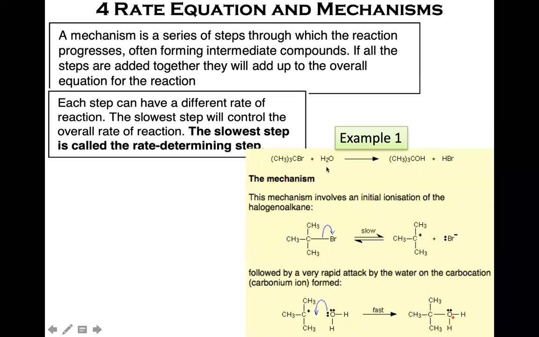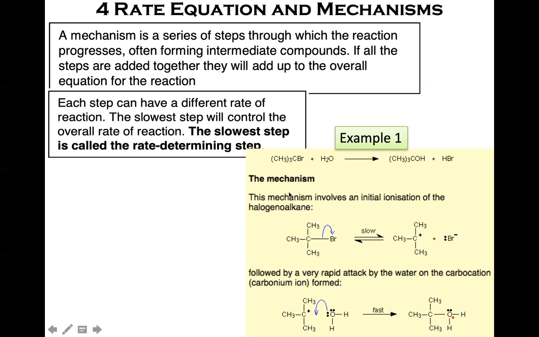From this equation, it looks like a one-step process. Reactants to products, done. But actually, the mechanism will show you that it is made up of two steps, or two stages. It depends on that particular reaction. Sometimes a reaction may involve 3 stages, 4 stages, 5 stages, and that all depends on the mechanism.